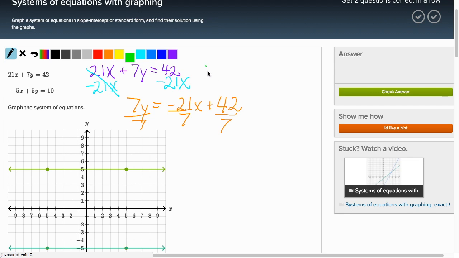It will give us y equals negative 21 over 7, which is negative 3x, plus 42 over 7, which is positive 6. We will graph this line as the green one, and we'll get ready to do that.